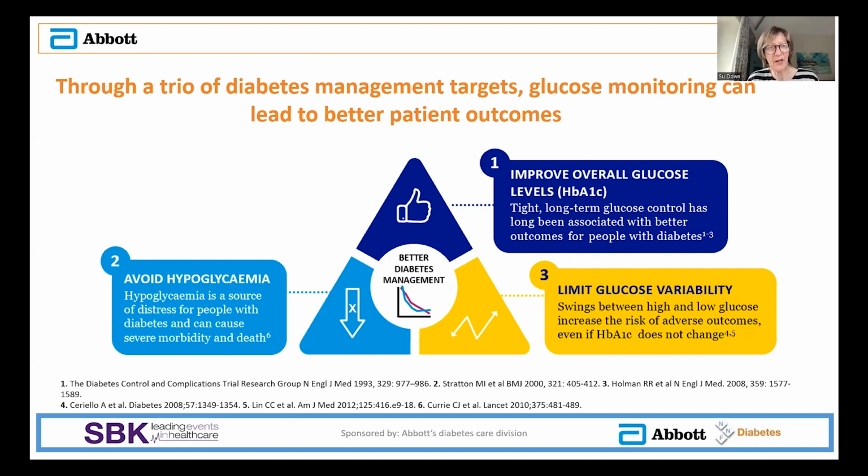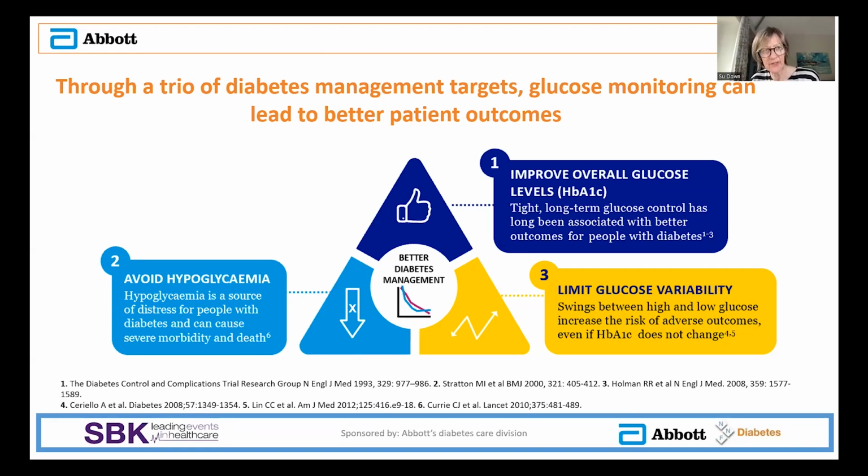And the other thing that we are learning more and more is that this glucose variability, now I'm aware that's a term that's become more familiar to us all in recent years, not something that we massively talked about before. But this is where we have high swings of glucose, from high to low to high to low.